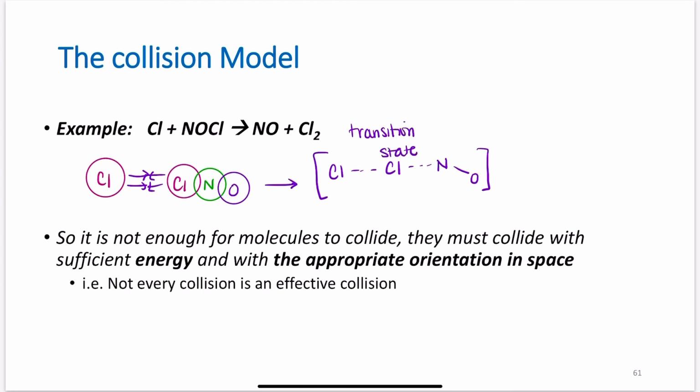The chlorine is still coming together, and this molecule is still coming towards it. After the transition state, we see a successful reaction where the Cl2 molecule leaves and the NO molecule goes the other direction.